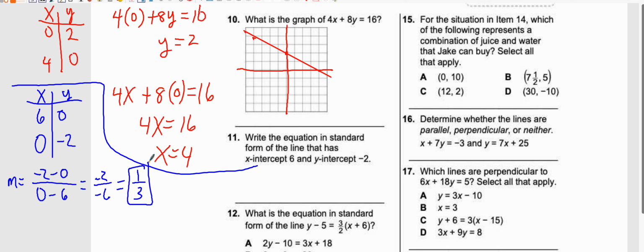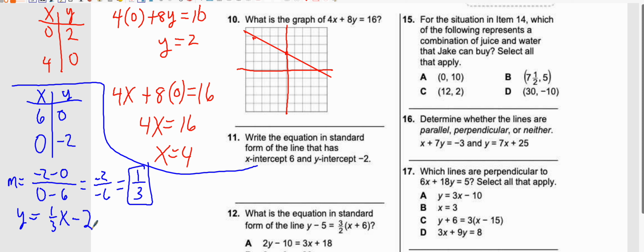So the slope is 1/3, and I know the y-intercept is -2. So the slope intercept equation is y equals 1/3 x minus 2. You with me?